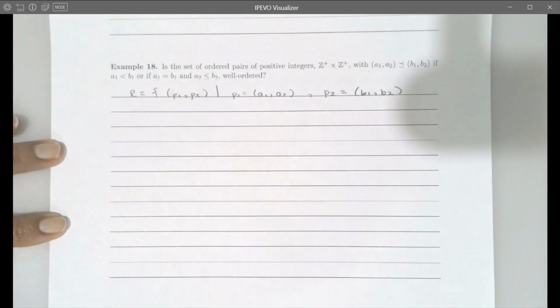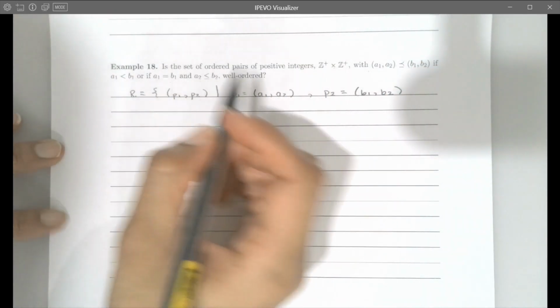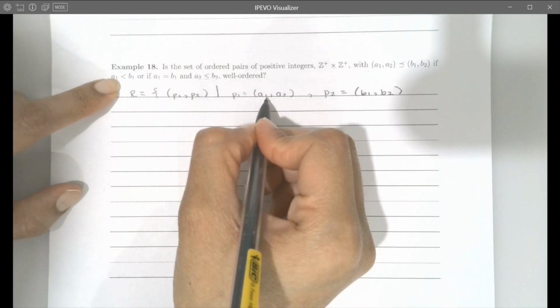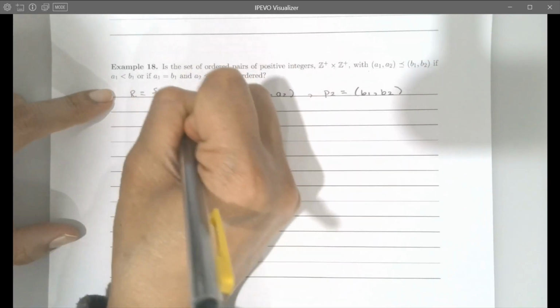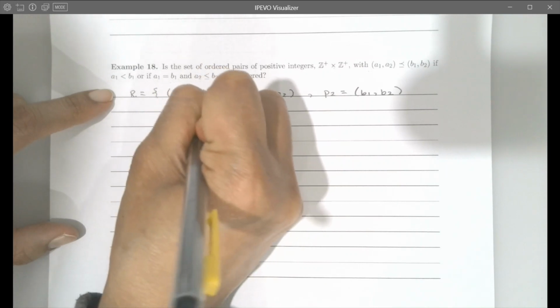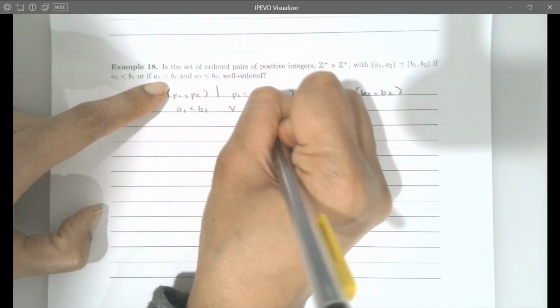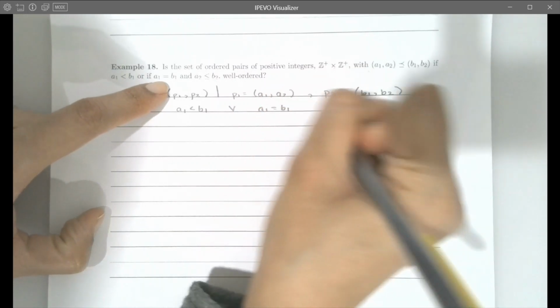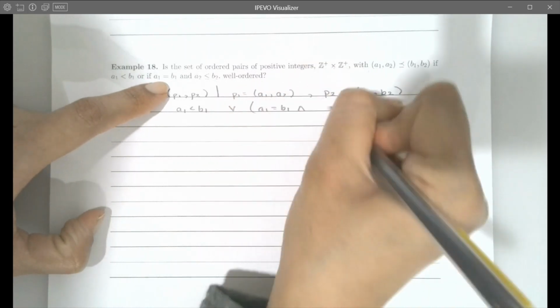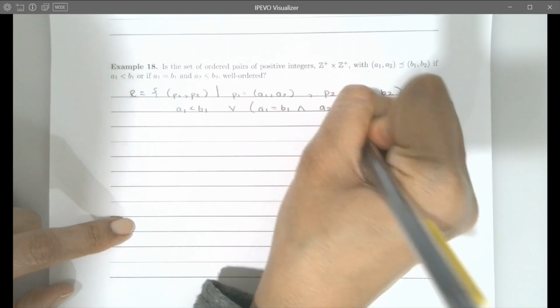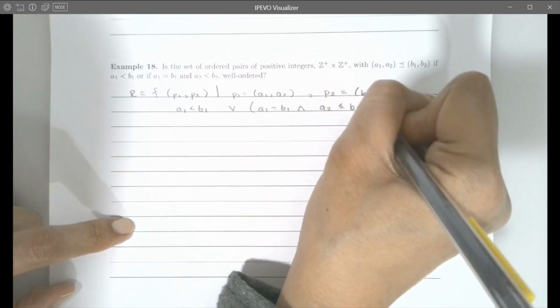And on top of that, we have that a1 will be less than b1, or we'll have that a1 is equal to b1 and a2 is less than or equal to b2.